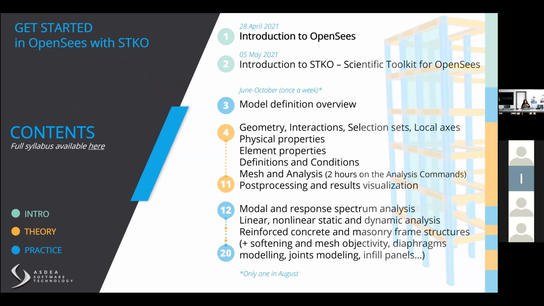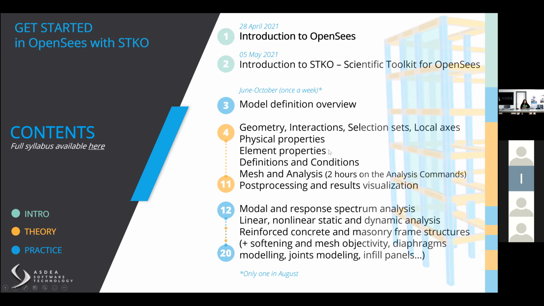So just to give you an overview of what we're going to learn in this course, we're going to start with a little bit of introduction, and then I'm going to whet your appetite by showing you how to define a model in OpenSees with STKO, a full one of a large frame structure. And then we're going to tackle all of these topics one by one: geometries, physical properties, element properties.